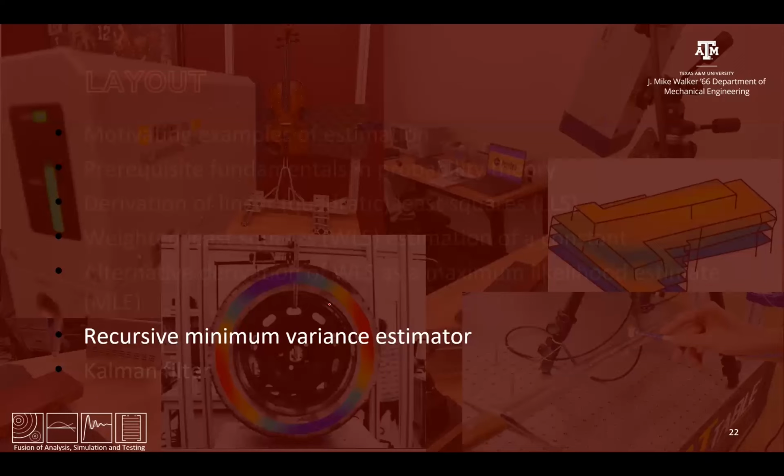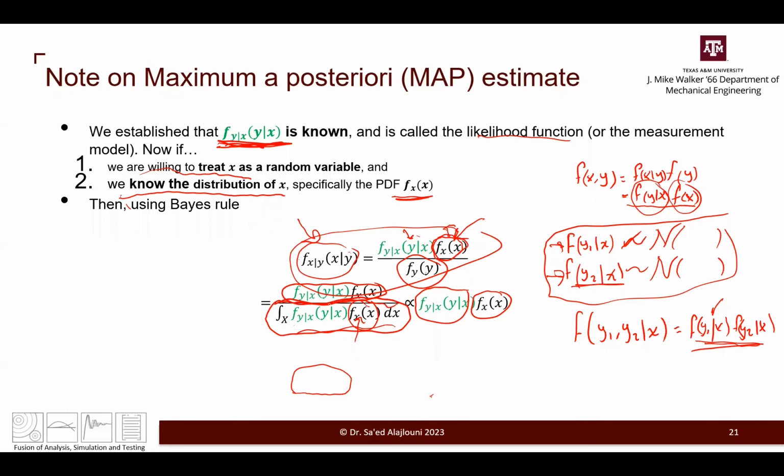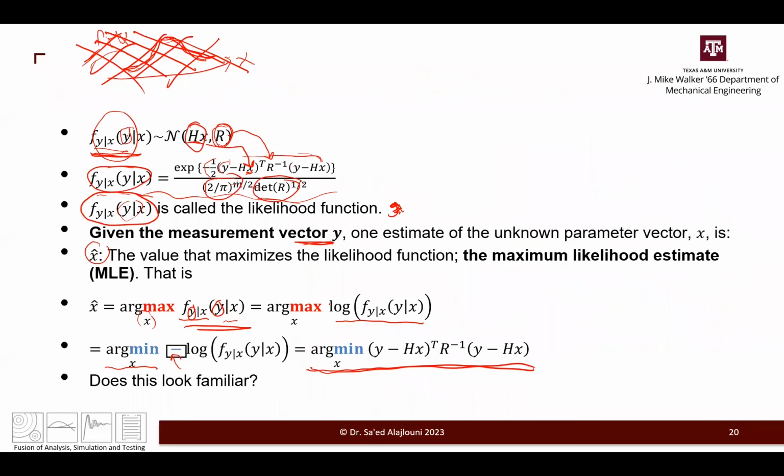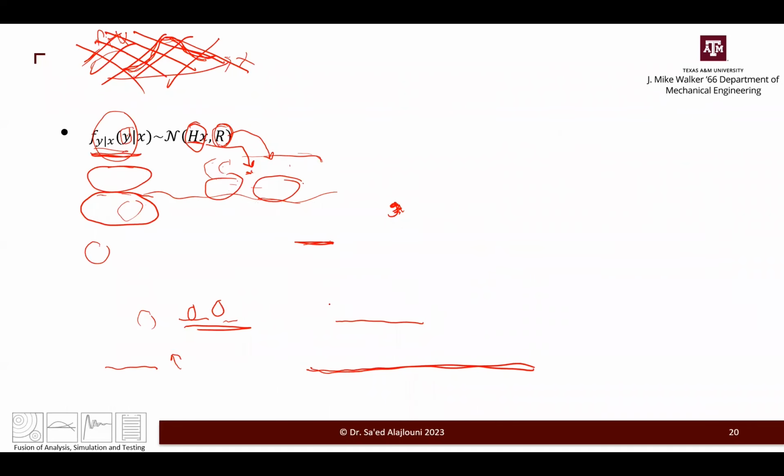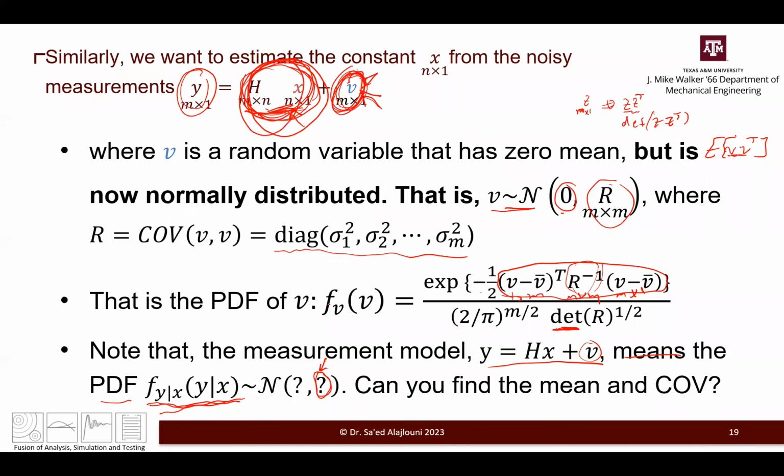So in the development we've done so far, we assumed that in this measurement model the noise is zero mean and has a covariance R. But we could assume that it has covariance R sub k.